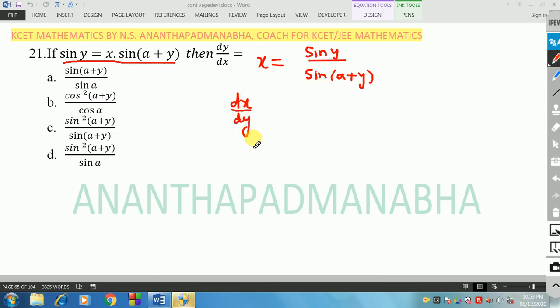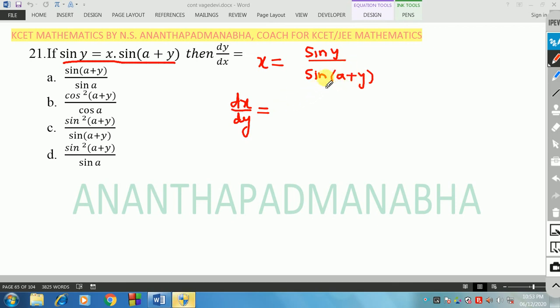We are proceeding a little bit differently in this problem. We need dy by dx. First we'll find dx by dy and then we'll take the reciprocal. So dx by dy, let us apply the quotient rule here. As we are differentiating with respect to y, this is not implicit differentiation.